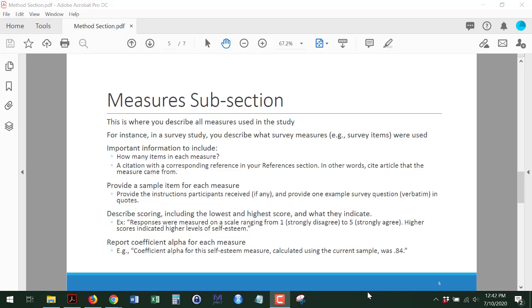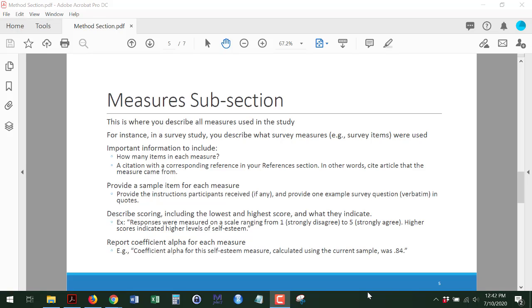So remember that every time you are using a verbatim wording from an article, you need to put that in quotes. So you want to put your example survey question that participants took in the quotes. Describe your scoring, including the lowest and highest scores and what they indicate. For example, scores were measured on a scale ranging from 1, strongly disagree, to 5, strongly agree.